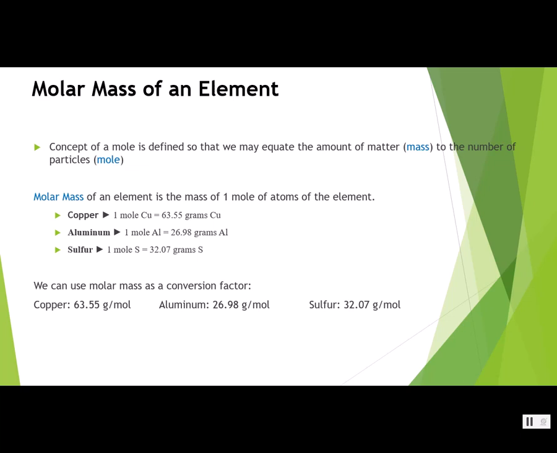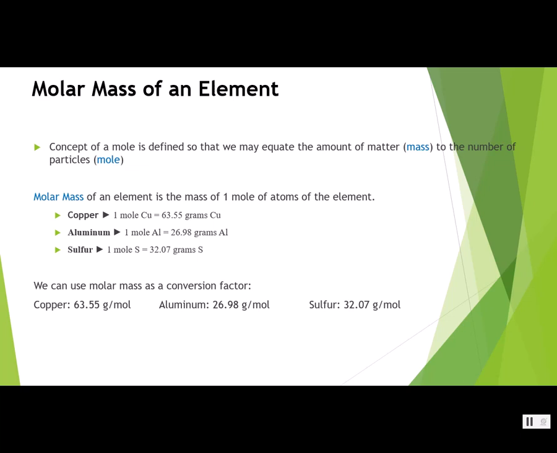If I had a whole mole of copper atoms, 6.022 times 10 to the 23rd, it turns out that the mass of those copper atoms is equal to the atomic mass of that element, but just take off the AMU, the atomic mass unit symbol, and slap on a gram. So that makes things really convenient for us.